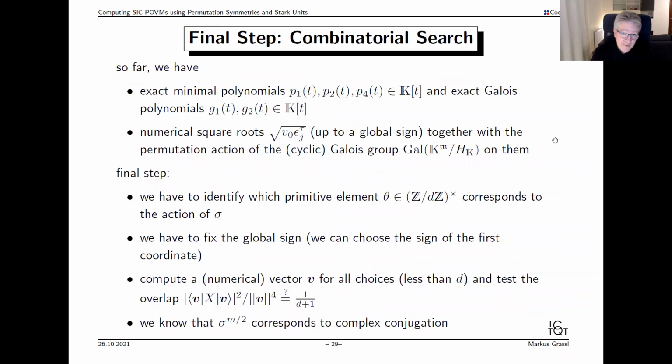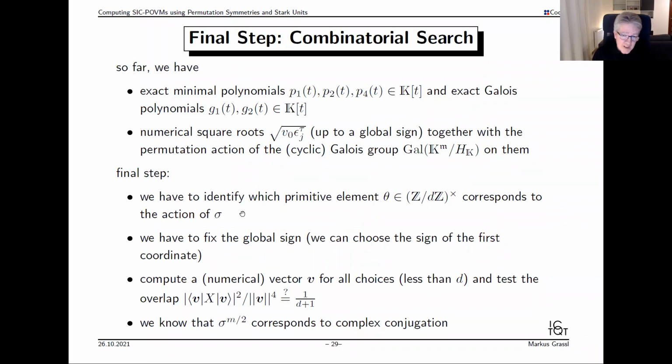There is another more or less combinatorial obstacle when we have done all of that. And that is the problem that we know that on the indices, we have the unit group of our integers modulo d, which is prime in our case, acting, and we have the Galois action of an element sigma.